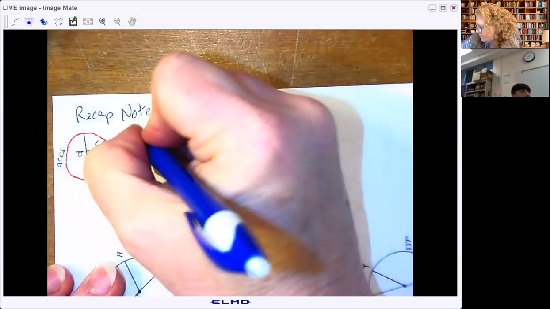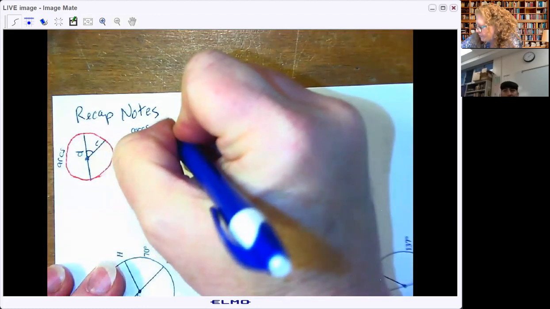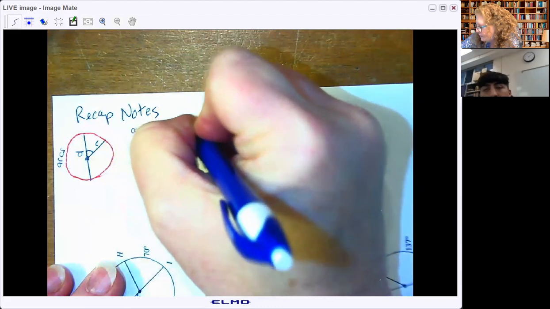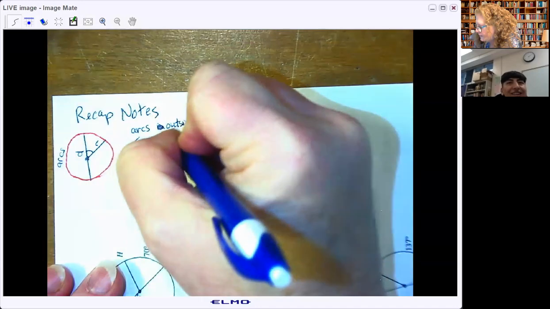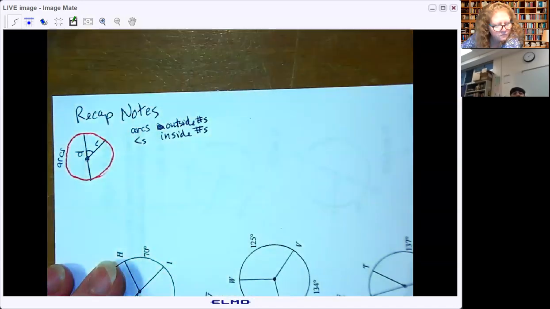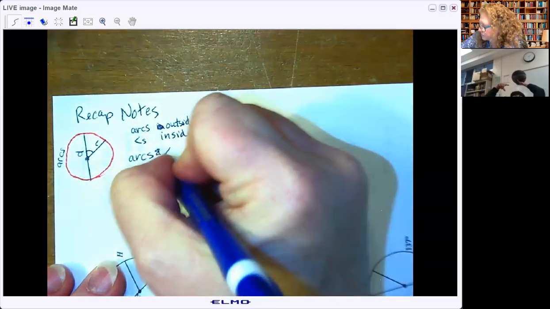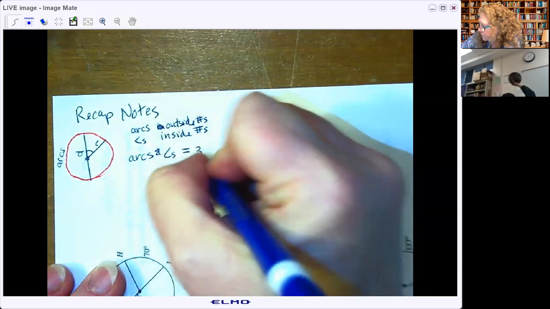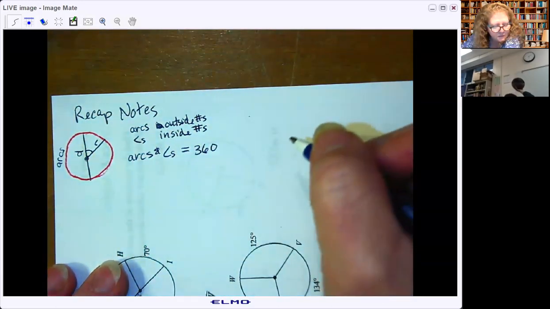So arcs are outside numbers, angles are inside numbers. Arcs and angles all equal 360, inside or outside.